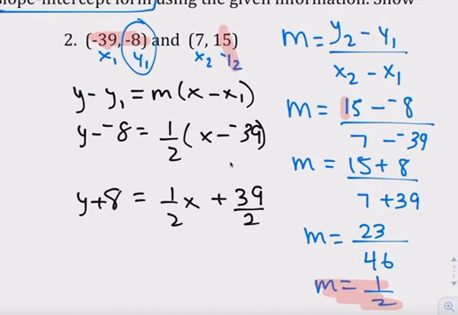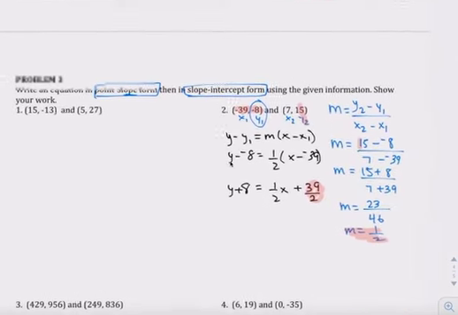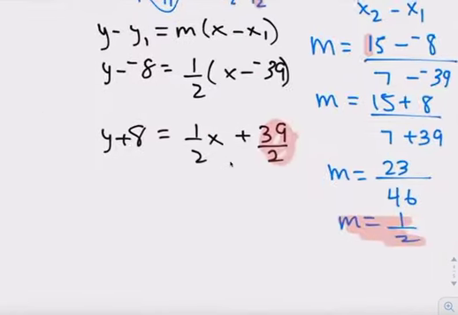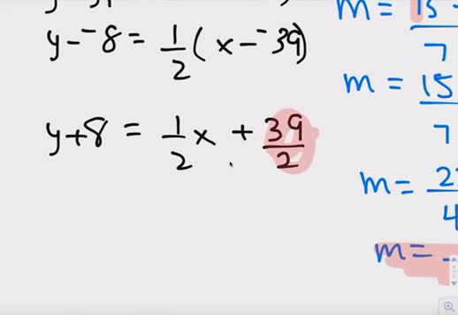Now there's two ways to do this. You can make this into a decimal if you want, or you can leave it as a fraction, whichever way you desire to do it. Let's make it into a decimal, because it doesn't say you can't. Anywhere here it doesn't say you can't.